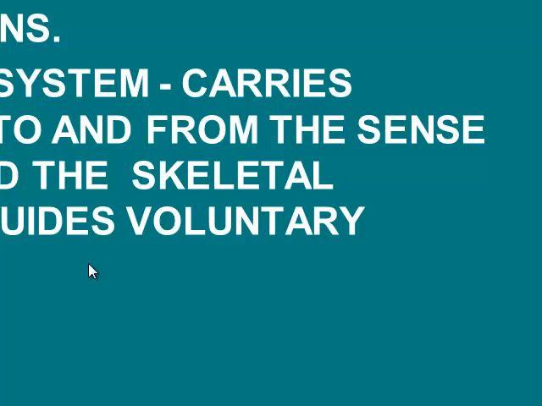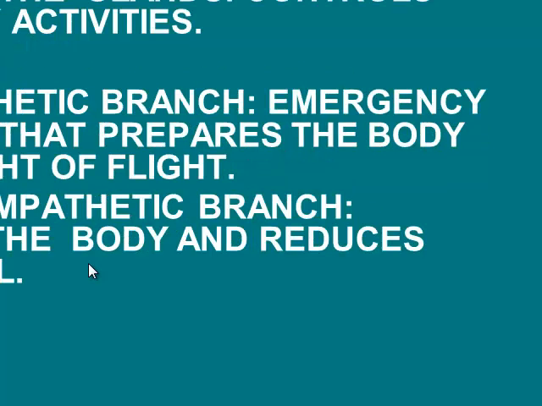So the next overhead talks about the autonomic system, not the somatic system, but the autonomic system. The autonomic system carries messages to and from the internal organs and the glands, and it controls involuntary activities. You don't even think about this stuff, it just happens, because your brain is trying to keep you alive.